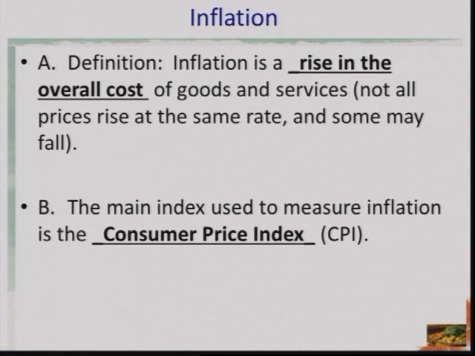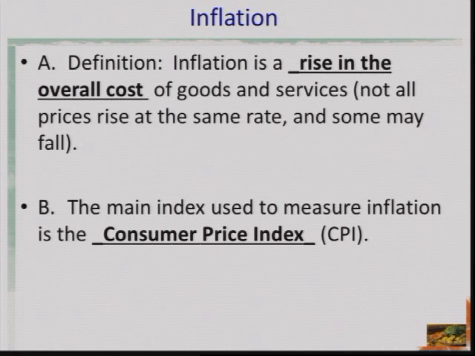All right, but you do need to know that inflation is a rise in the overall price level. The overall price level, not just one. And look, it says some may even fall. If our index, which takes into account all this stuff, has gone up overall, maybe from last year to this year, TP might have actually gotten cheaper.